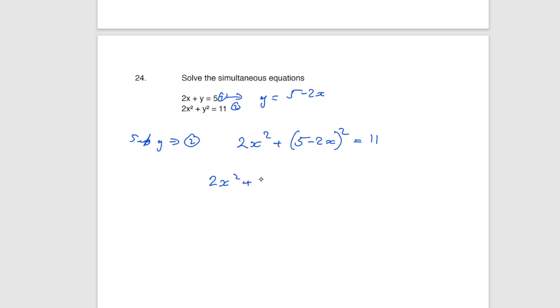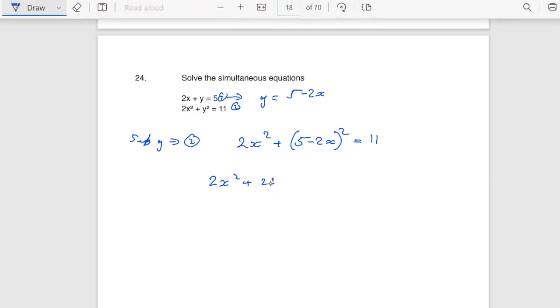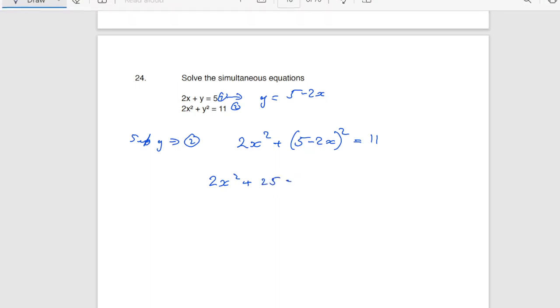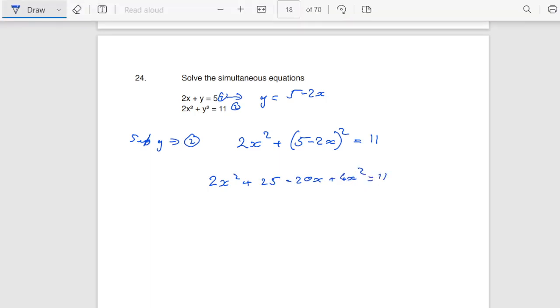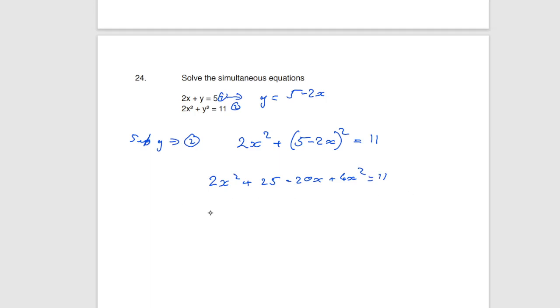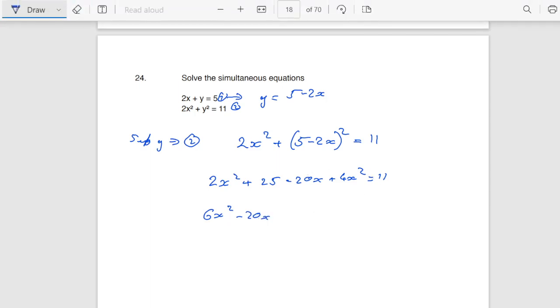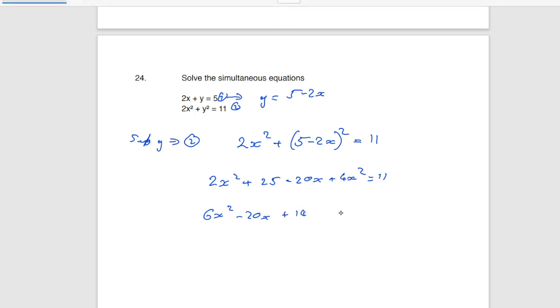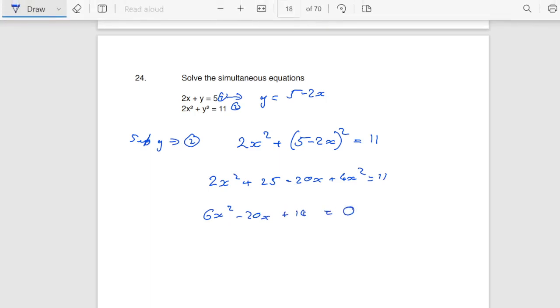It's going to give me 25 minus 20x plus 4x squared is equal to 11. Then rearranging that, that's going to give me 6x squared minus 20x. I'm going to minus 11 from both sides, so plus 14 is equal to 0.